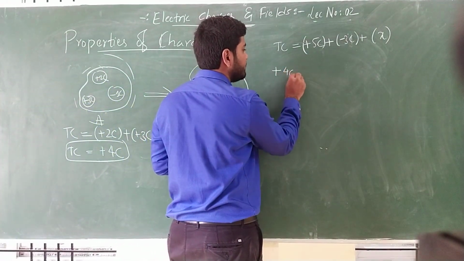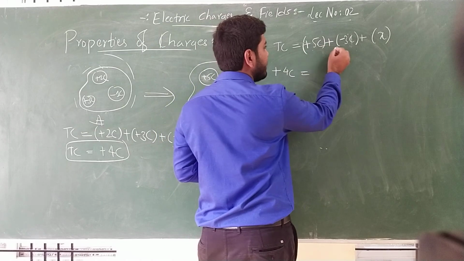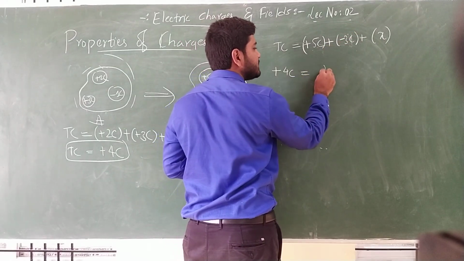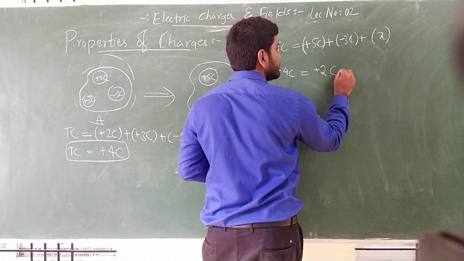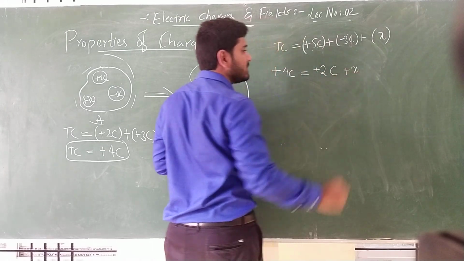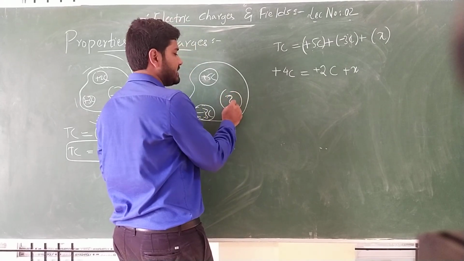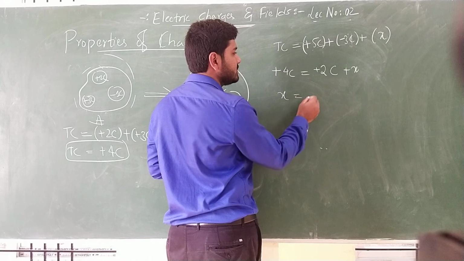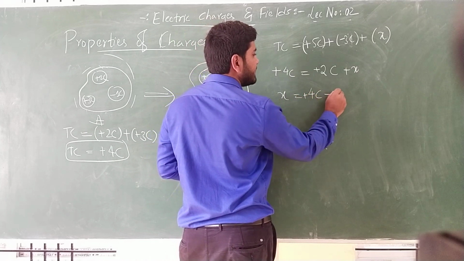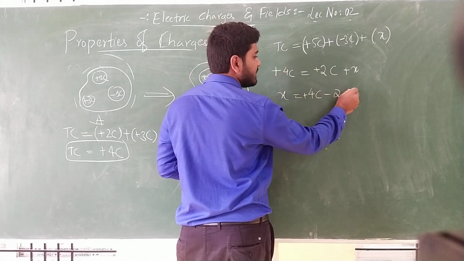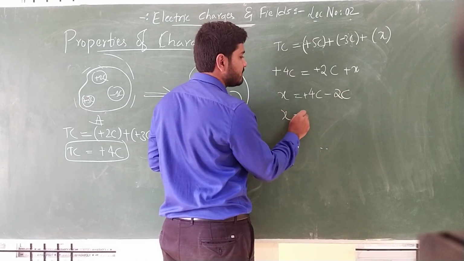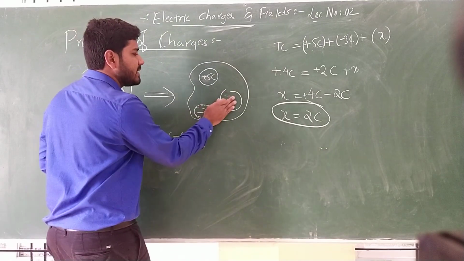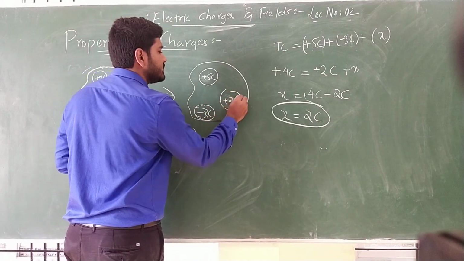So plus 4 coulomb equals plus 5 minus 3, which is plus 2 coulomb, plus x. We are calculating the charge on this body. So x equals plus 4 coulomb minus 2 coulomb, so x is plus 2 coulomb.